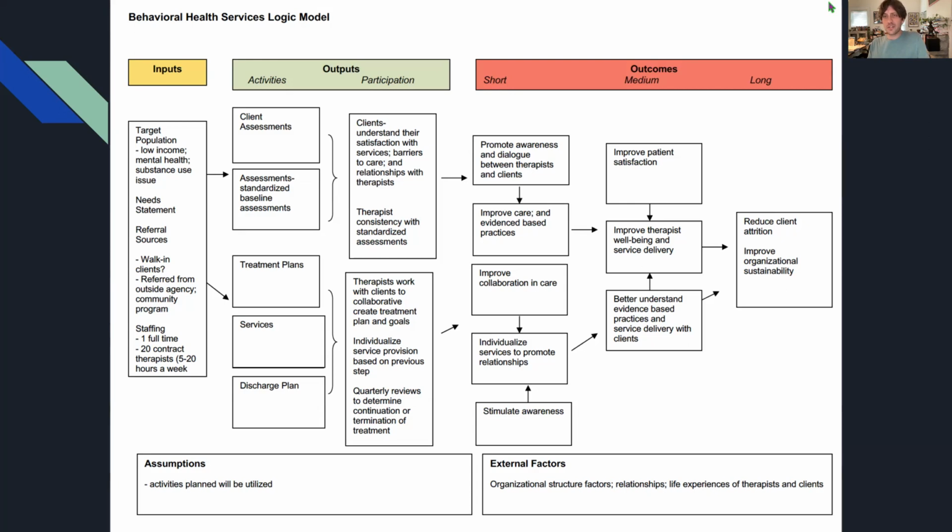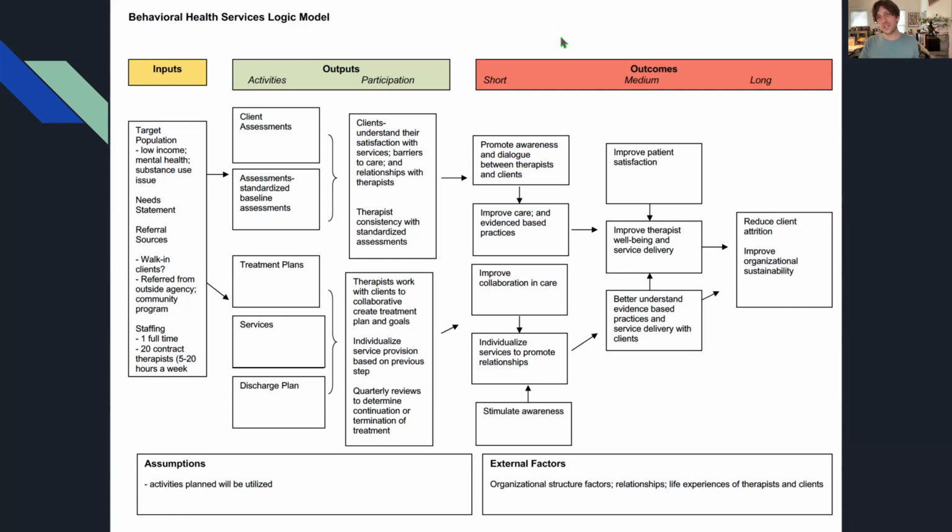So essentially, in the short term, what we want for outcomes, promote awareness, and just start thinking about things in a different way and utilize organizational capacities to do so. Improve evidence-based practices, individualize care, and stimulate awareness throughout the organization.